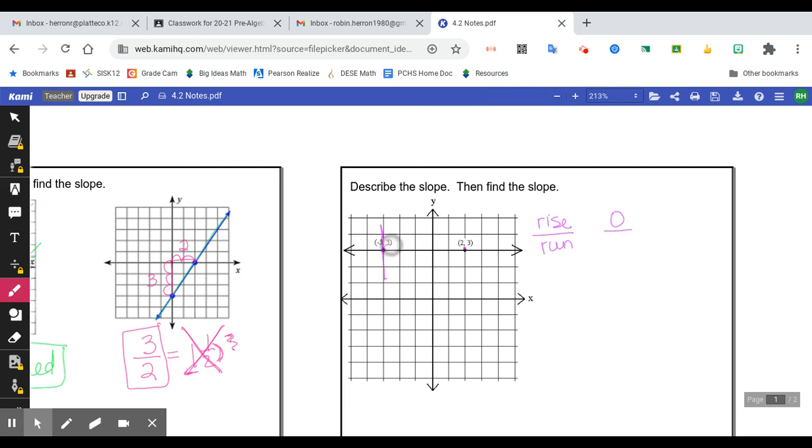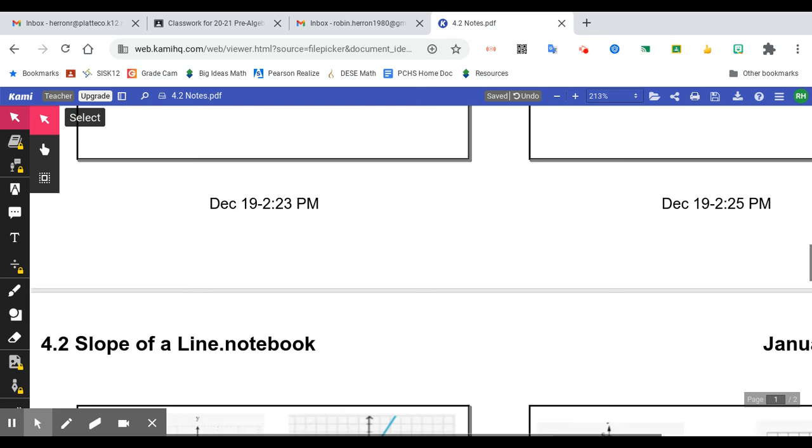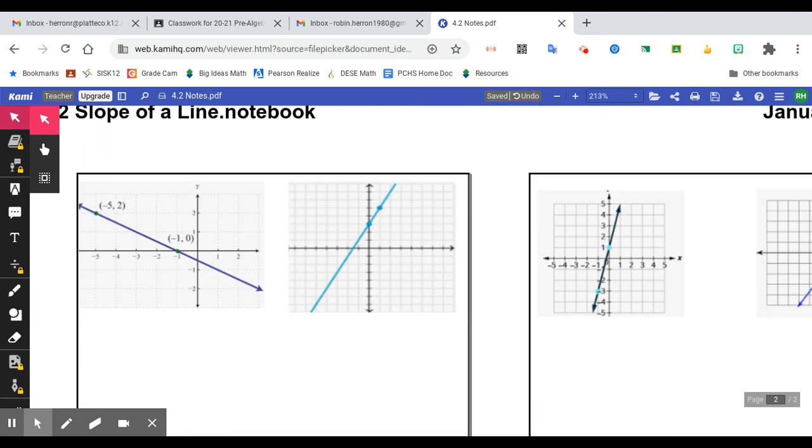But I can go to the right, 1, 2, 3, 4, 5. Now, if you take 0 divided by 5 in your calculator, the answer is 0. That is why this one is 0 slope. We can describe it with a number. Okay, rise over run. Hopefully that's making sense. On the back, just a few more.